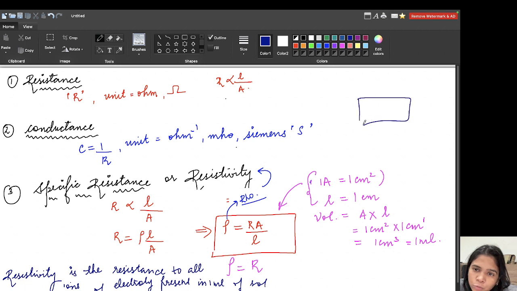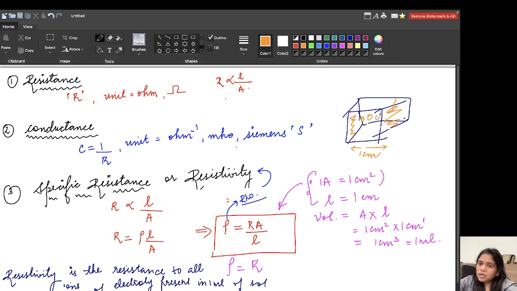You are taking a cube, for example. 1 centimeter square you are taking as the area, 1 centimeter you are taking as the length.